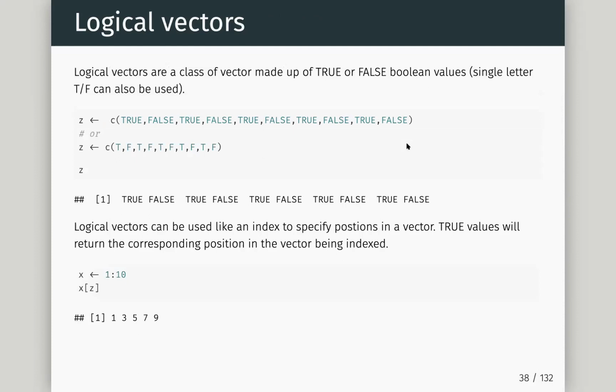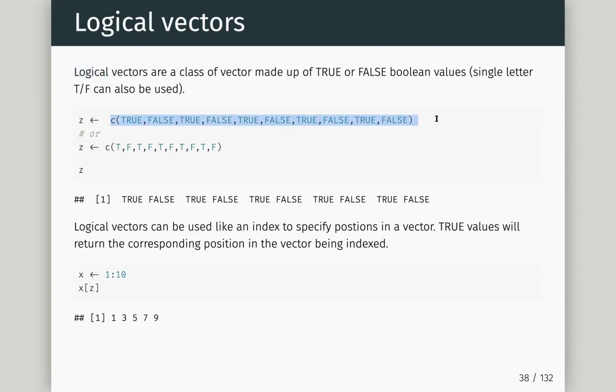So we've seen so far numeric vectors, and I think we just have another 5 minutes before the break. We've seen numeric vectors, and we've seen character vectors. A really useful class of vectors is logical vectors. These are vectors made up of Boolean values, so true or false. Actually, behind the scenes, I think it's ones or zeros, 1 for true, 0 for false.